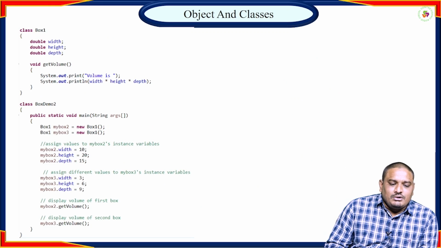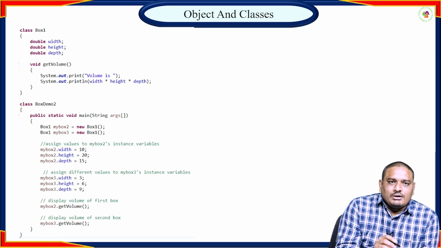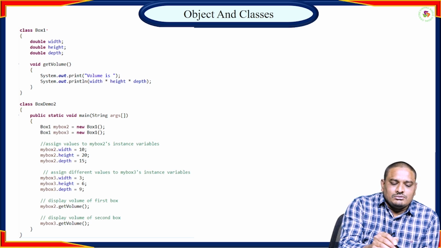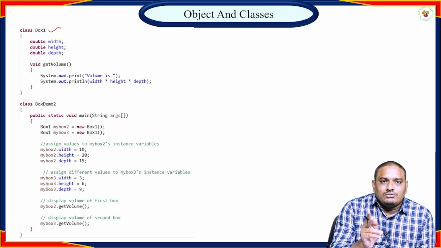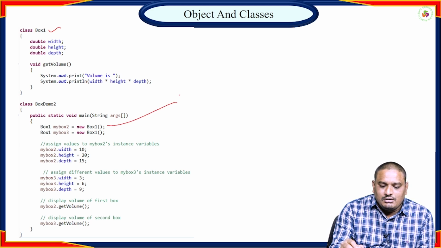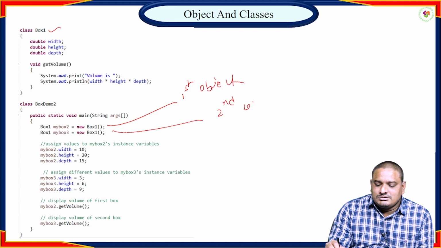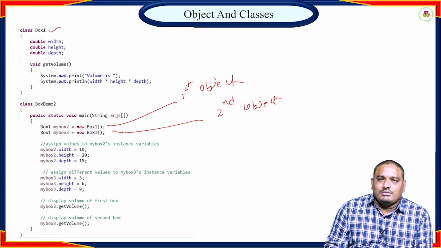See this example. The class is a keyword, and the class name is a user-defined name, Box1. In that we are creating two objects. This one is the first object, this one is the second object.